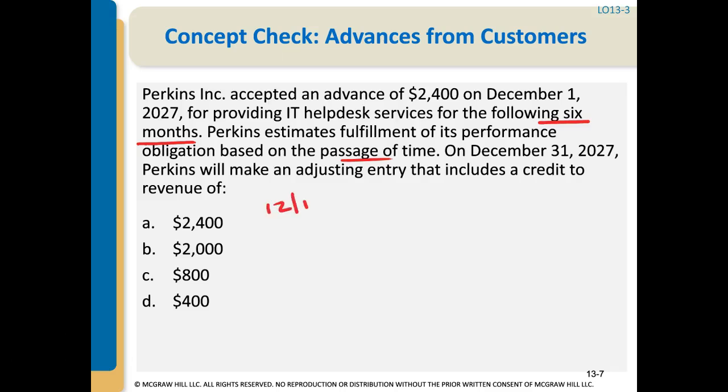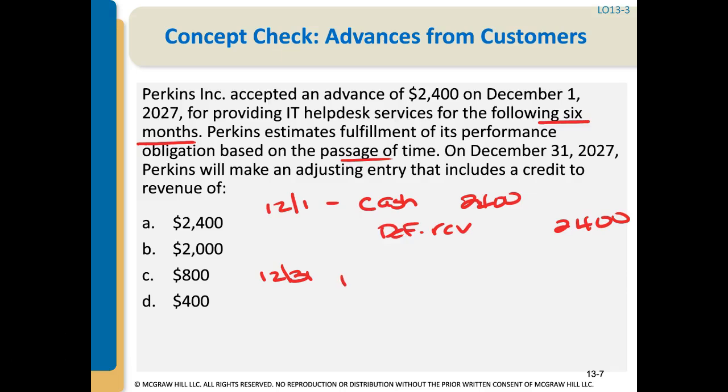So basically on 12/1, they received cash for $2,400 and they credited deferred revenue. This is a liability for $2,400. Now on 12/31, and this is for 6 months, essentially 1 month has passed, so they have earned that money because they have provided whatever services were needed.